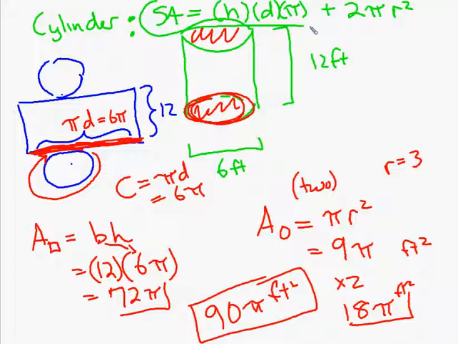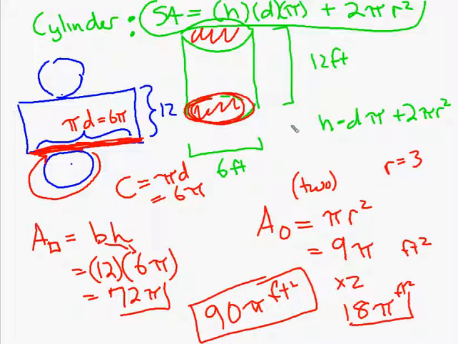That is the surface area of a cylinder. I like to just dissect it into pieces and figure it out that way, but if you are one of those who needs a formula, there is a formula. Once again, it would be height times diameter times pi plus 2 pi r squared.